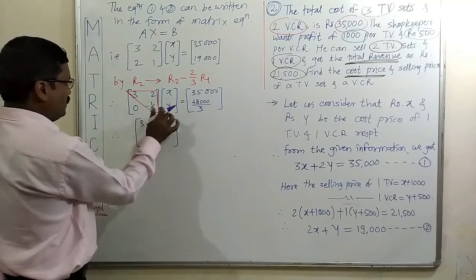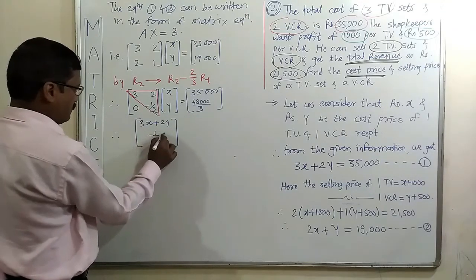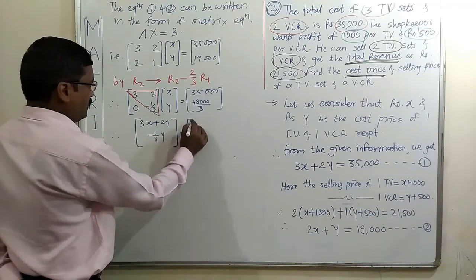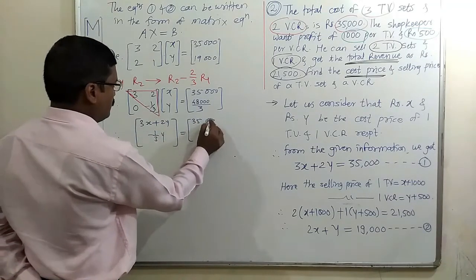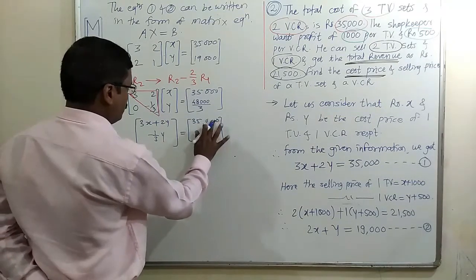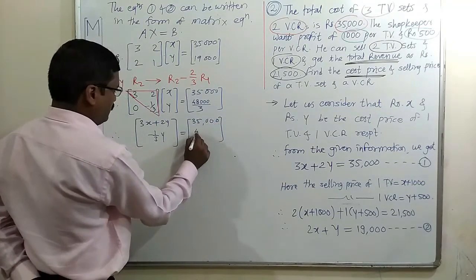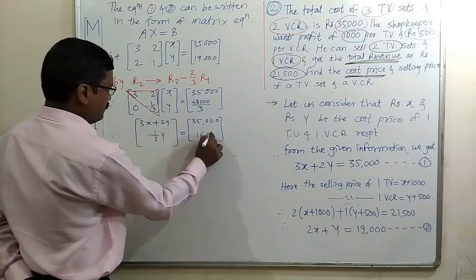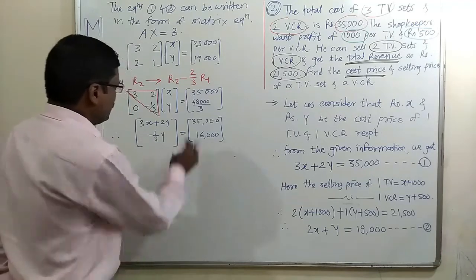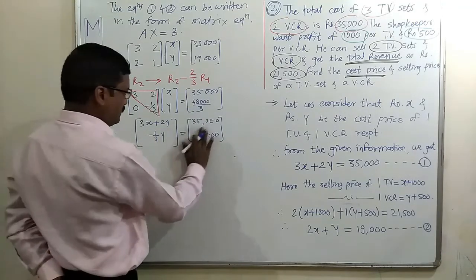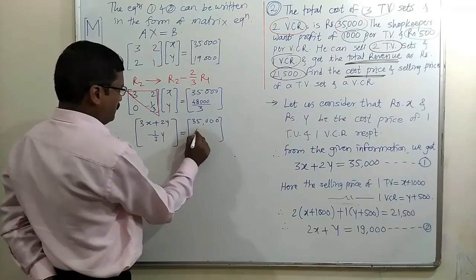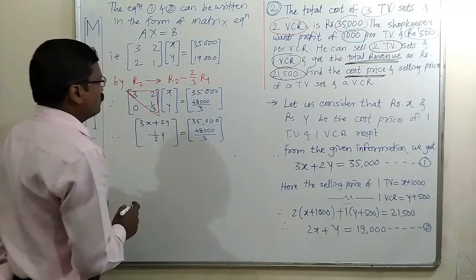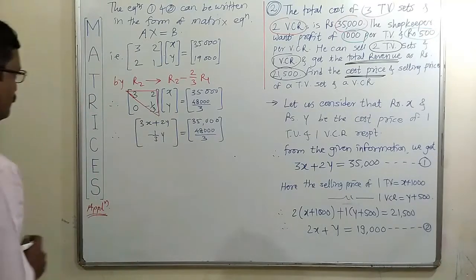Second element is 0 minus 1/3 y, and it is equal to 35,000.